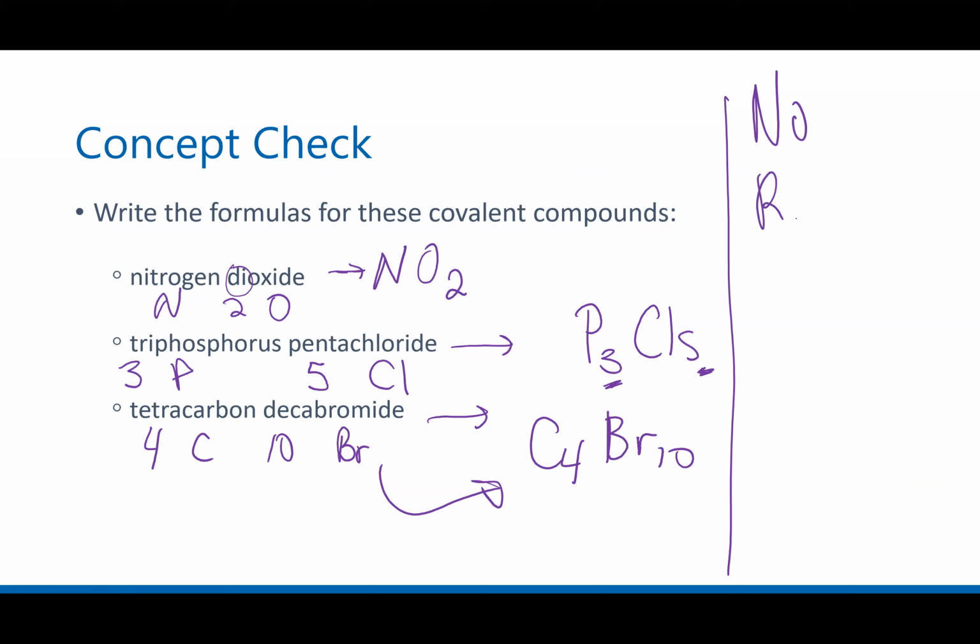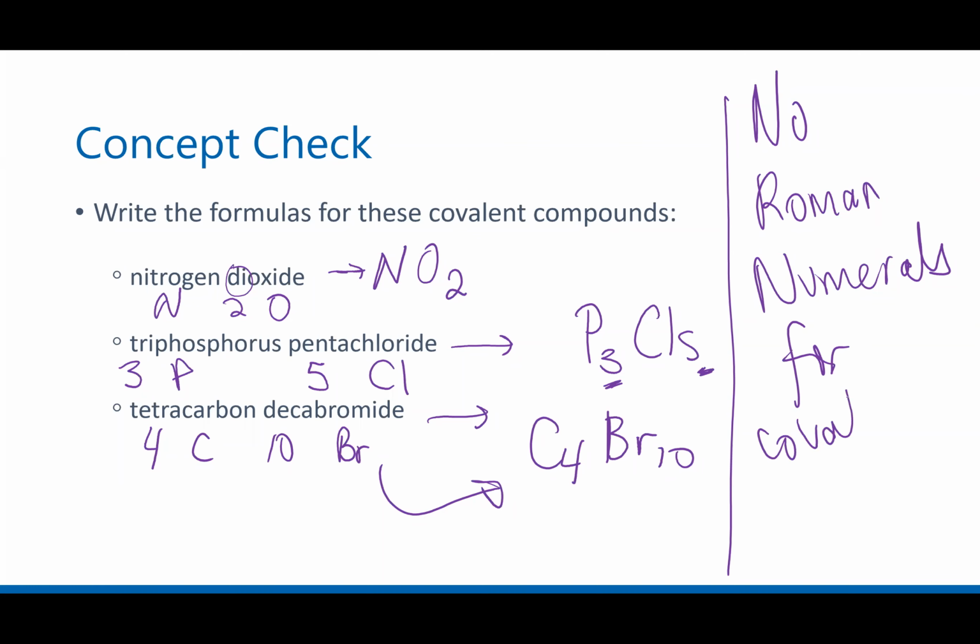There are no Roman numerals for covalent compounds. Now, covalent, remember, means non-metal plus non-metal. So if you have to name a covalently bonded chemical, meaning a non-metal with another non-metal, there are no Roman numerals. There are no ions. These chemicals are not forming ions, therefore no Roman numerals.